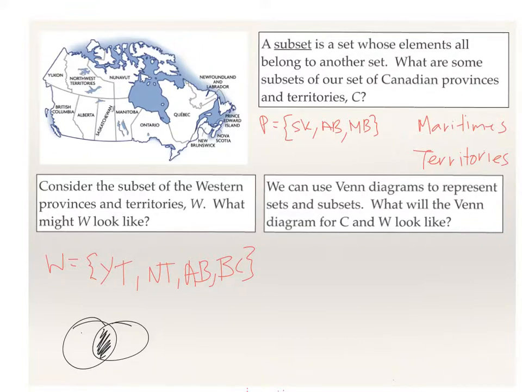Okay, so here, if I drew the set C, here's C, that's Canada. Where would I draw W, if where they intersect is what they have in common?